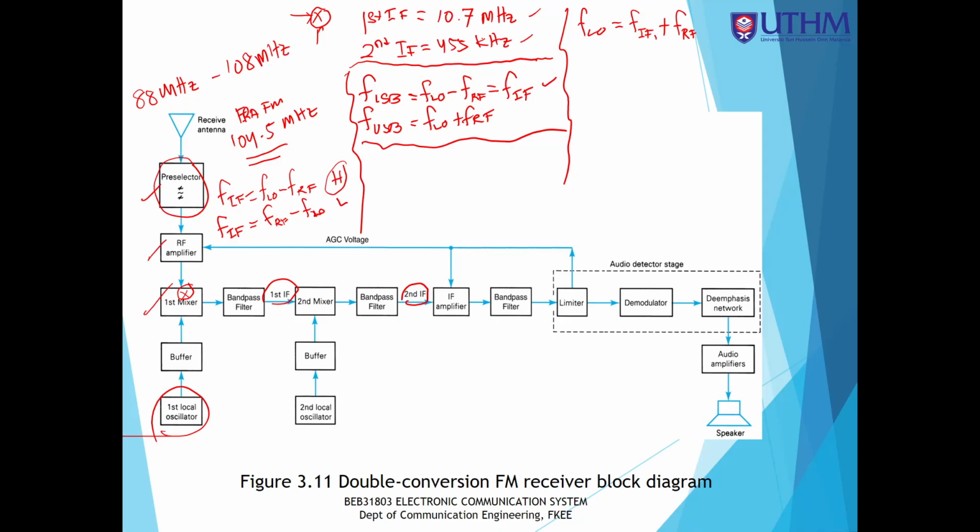We have two possibilities of FLO. So we can do this: 10.7 megahertz plus the input, which is the radio frequency that I want to listen to, 104.5 megahertz. So I need a local oscillator frequency of 115.2.